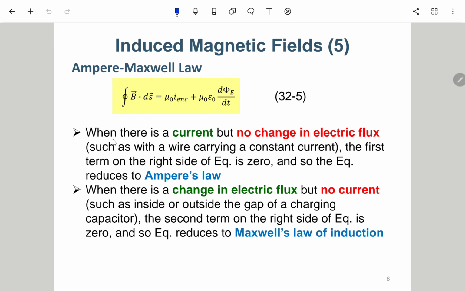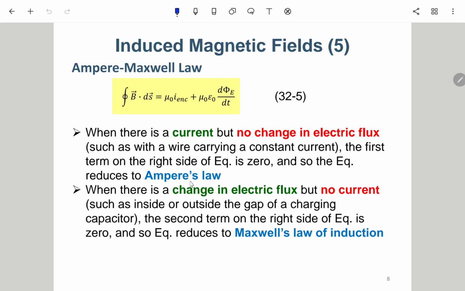So here it says when there is a current but no change in electric flux, then the first term on the right side will be 0, and so the equation reduces to Ampere's law.